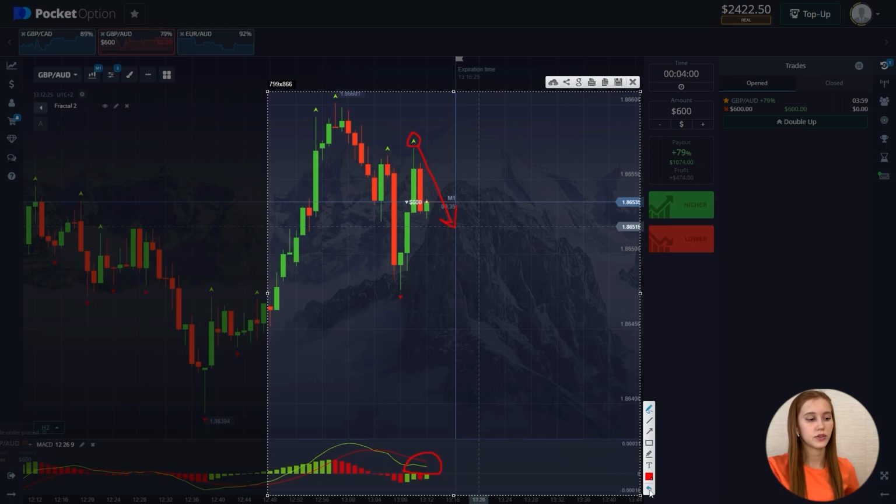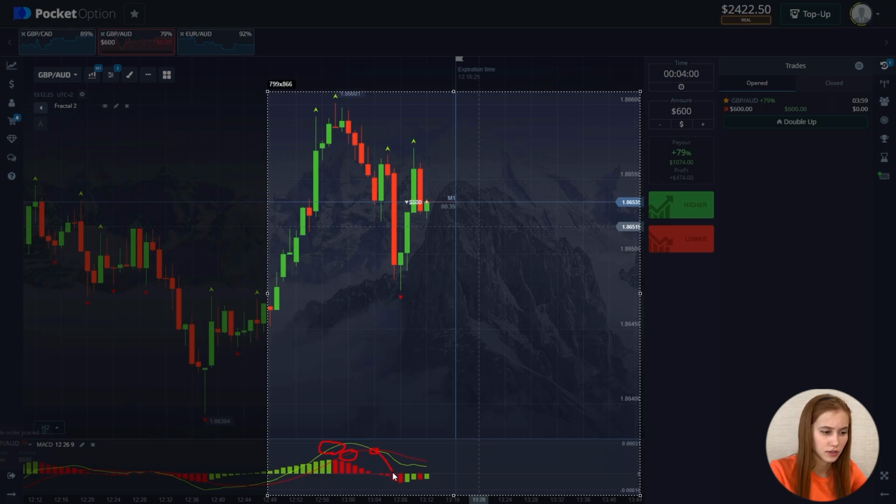So I'll show you in more detail how to use it. As mentioned earlier, our main signals are the intersection of the main and signal line. When the main crosses the signal line from top to bottom, it's a signal for sale. That happened here. At the last concept pair, there was just a purchase signal. And what to do if the lines do not intersect?